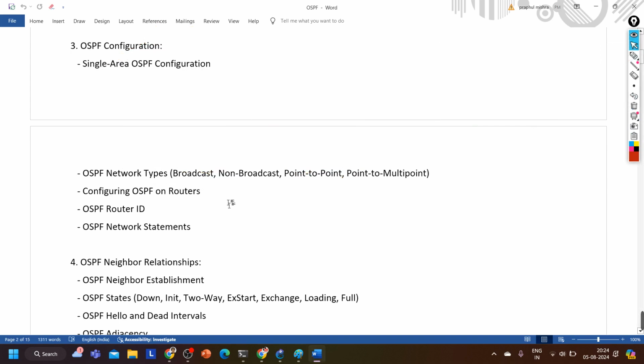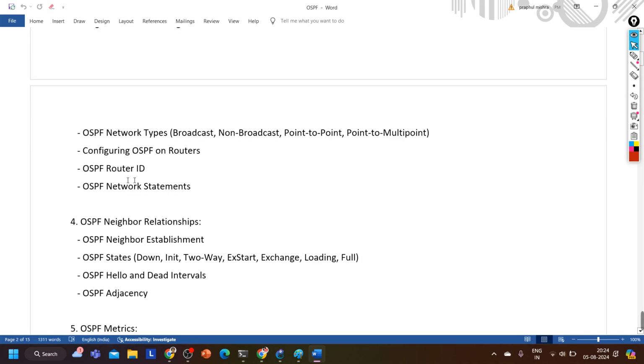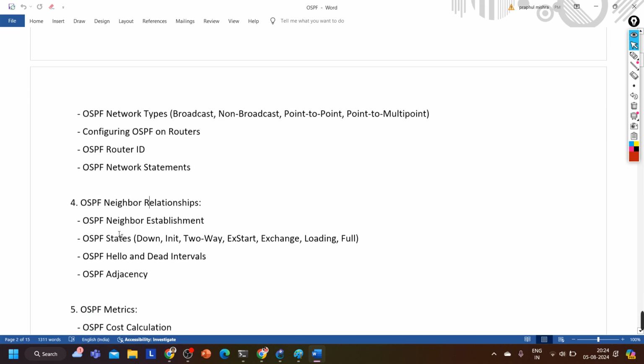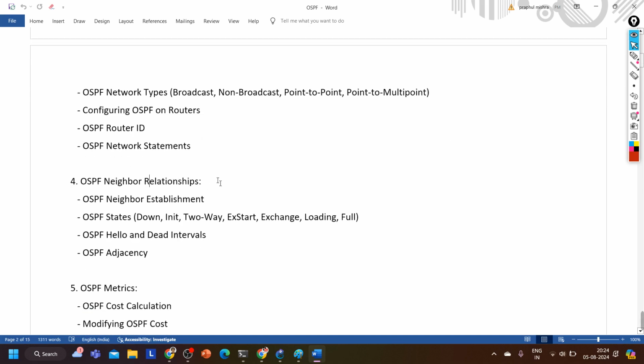Then configure OSPF on a router, configure the OSPF router ID. What is router ID? Then OSPF network statements, OSPF neighborship. Neighbor relationship means again parameters, like in EIGRP. What are the parameters, guys, for neighborship? What are the neighborship parameters in EIGRP?